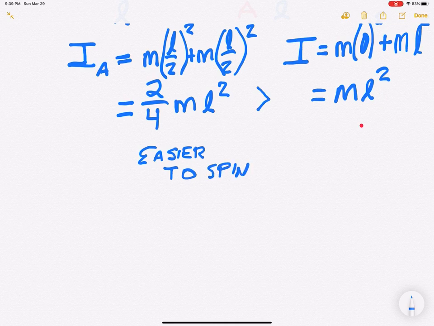Comparatively, when you have a moment of inertia of ml squared compared to 1/2 ml squared, this is going to be harder to spin. So I've brought in the idea of spin all of a sudden.